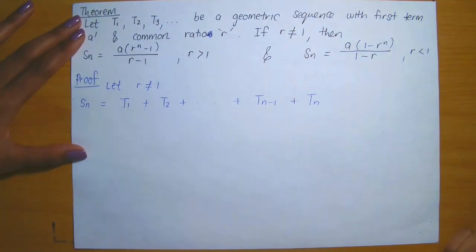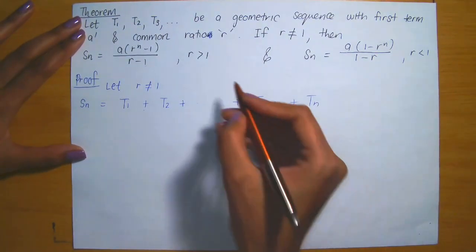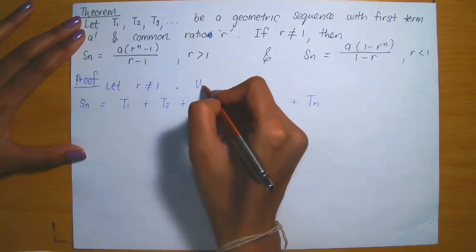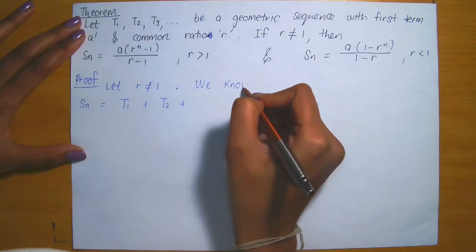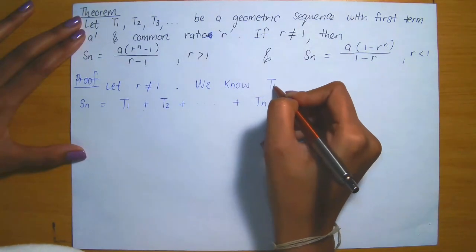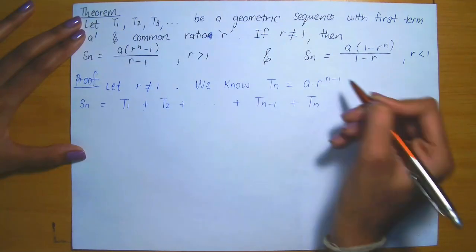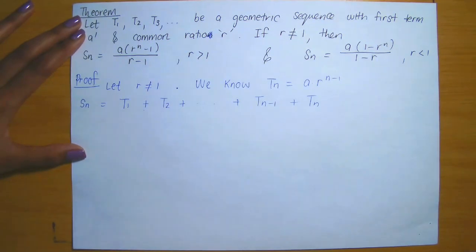Of course, since this is a geometric sequence, we know that the nth term is equal to a times r raised to the power n minus 1. So it's important to take note of that.